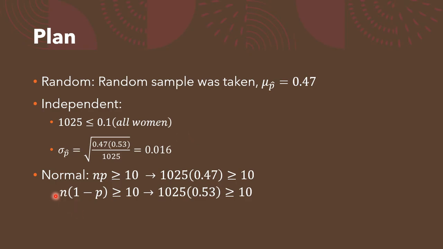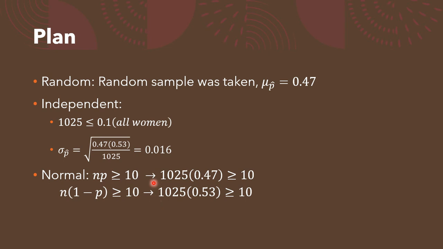After that, we talk about our normal, which we want to make sure that each one is larger than 10. You don't actually have to multiply this through and get the number, so you don't have to go 1,025 times 0.47 and 1,025 times 0.53 to show that it's more than 10. Just by showing this, obviously these multiplications are both greater than 10. And so that's all you need to show.